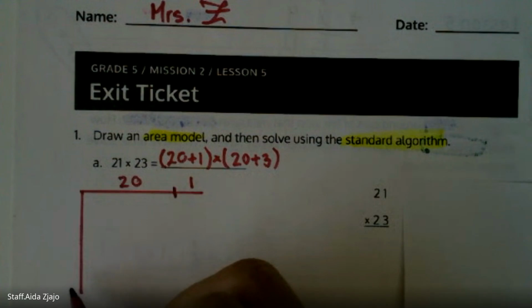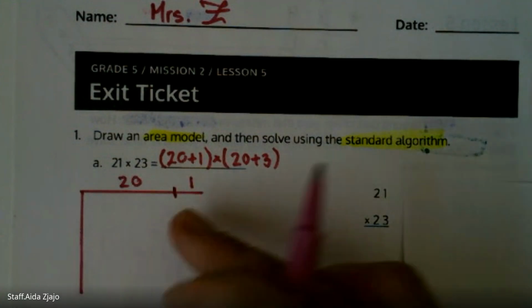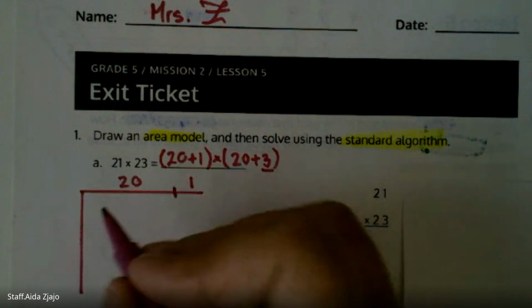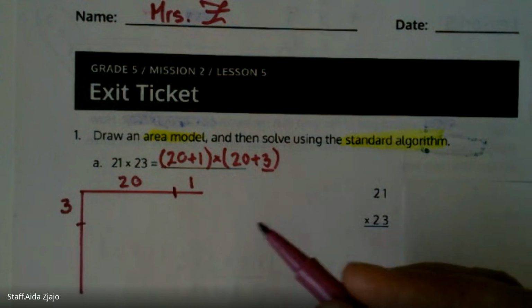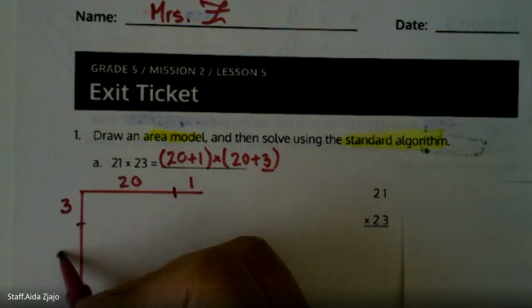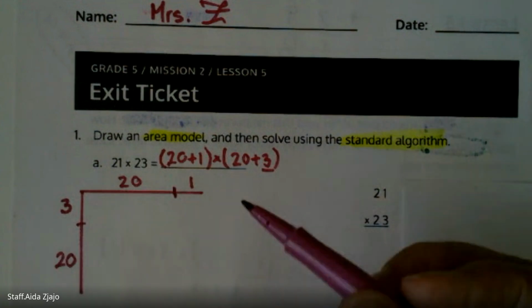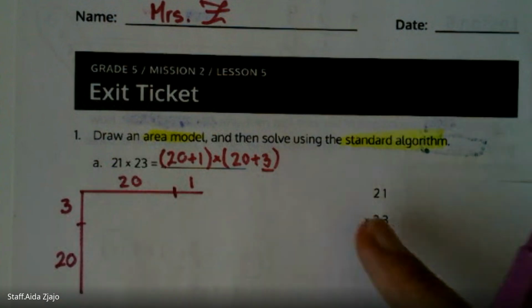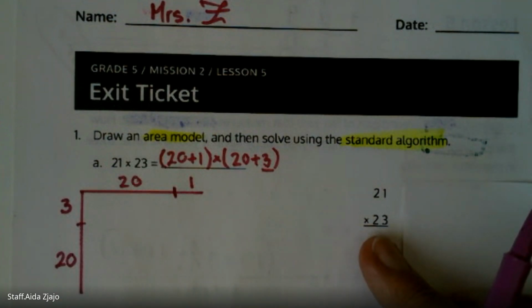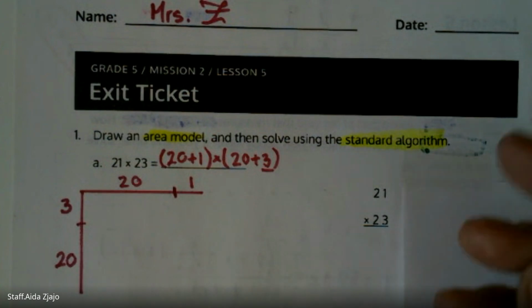Now, going down, I'm going to go with ones first. So this is 3 ones, and then 2 tens, 20. I'm choosing ones first vertically to match with my standard algorithm, so you can see how that works.